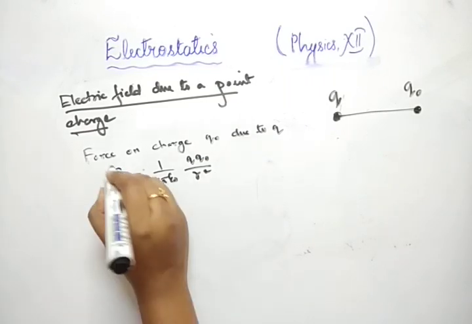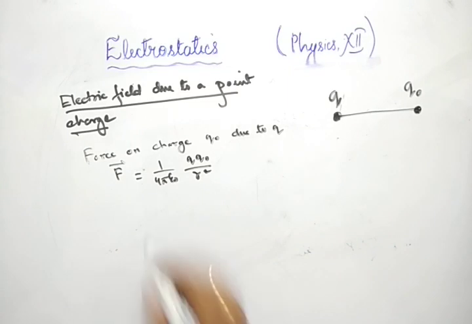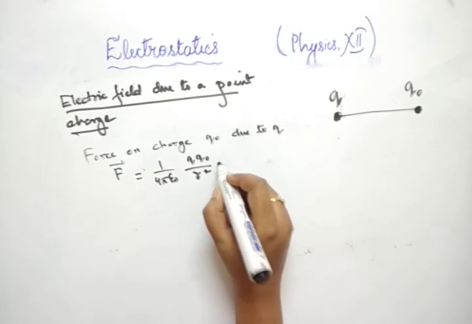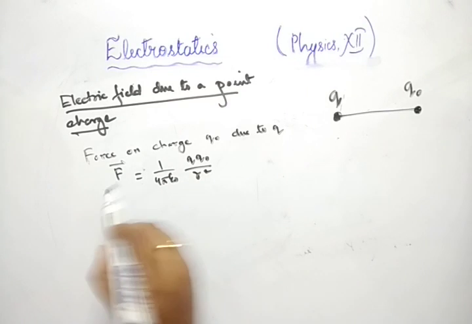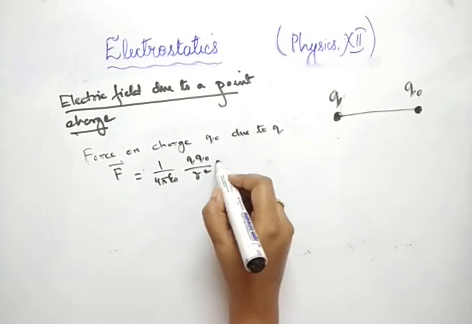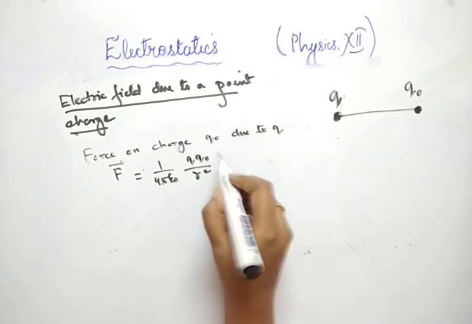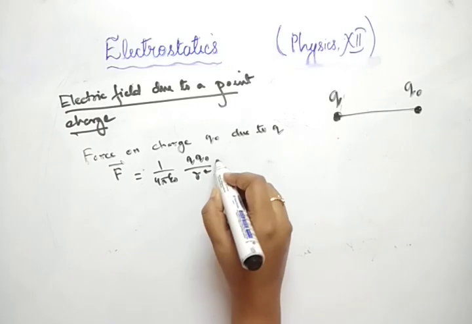If we write it in vector form, since the left side is written as a vector, the right side also should have a quantity which signifies that it is a vector.